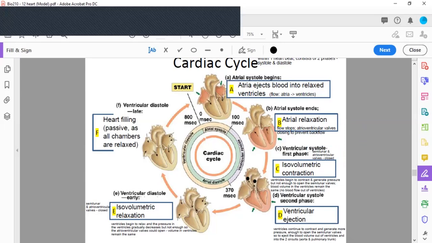Moving on to F, ventricular diastole, the later part of it. And in this case, you have the heart filling, which is what's called passive filling.